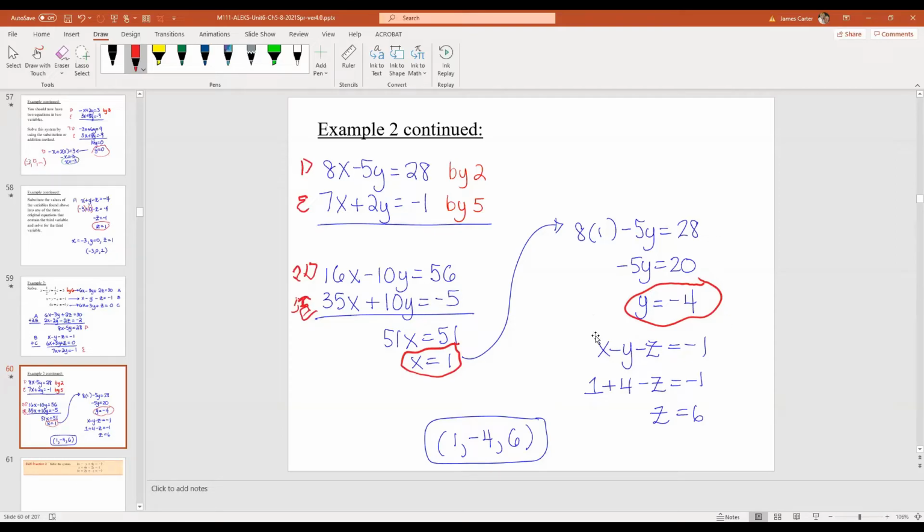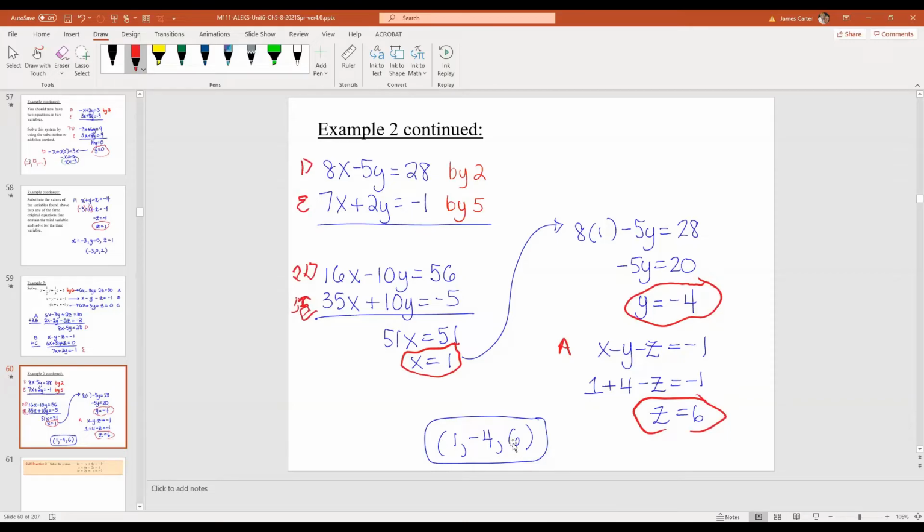Now we take those two values and we go back to either equation A, B, or C. This one happens to be equation A. And we substitute in the two values we've got, and we find our value of Z, which is 6.